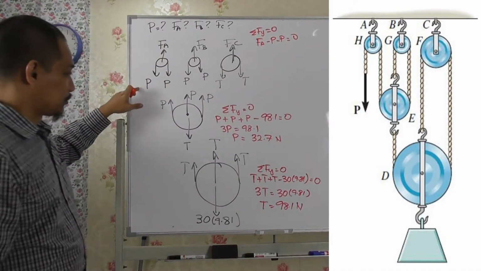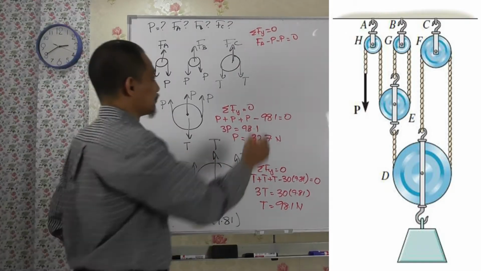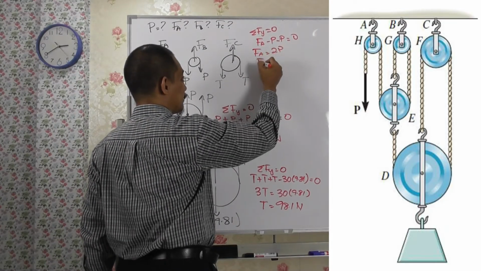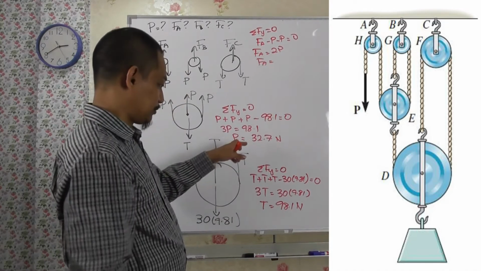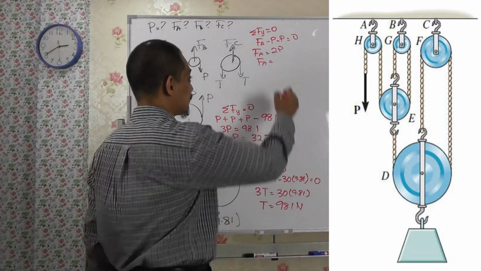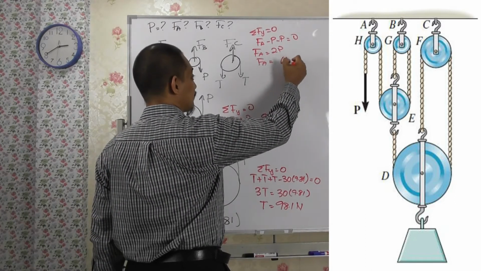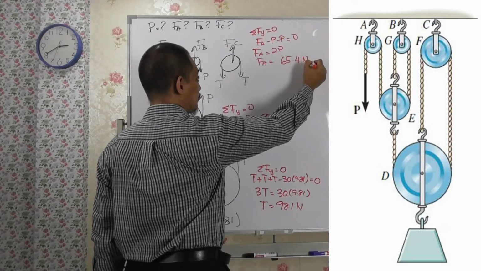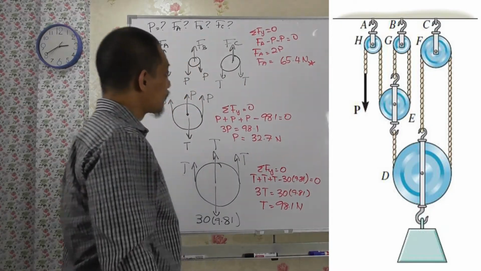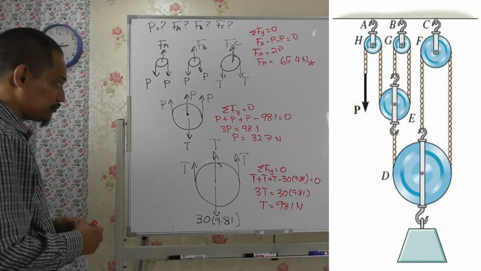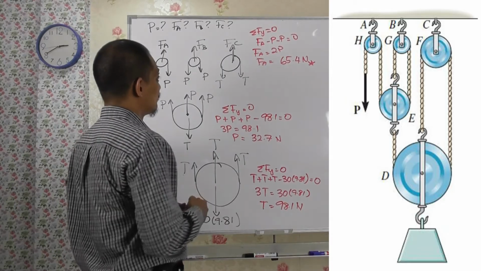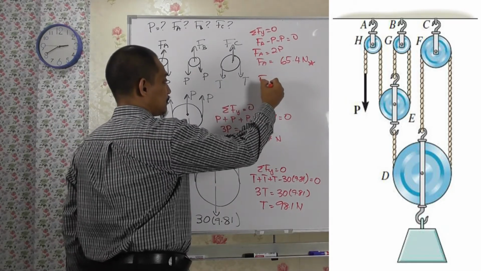Since you already know P here, FA equals 2P, so FA equals 65.4 Newton, right? Then if you calculate for FB, you should get the same.